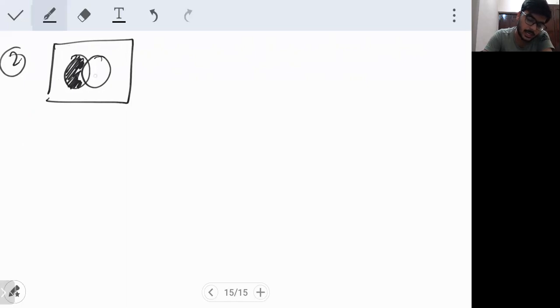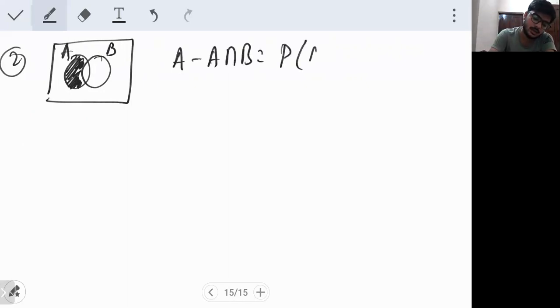What is this? A minus just first, not the second one. This is A and this is B. A minus A intersection B will be the case where you get A and not B, right?